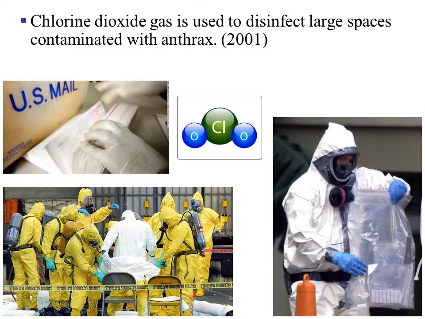Chlorine dioxide gas is used to disinfect large spaces contaminated with anthrax. In 2001, someone mailed anthrax spores through the U.S. Postal Service. This chlorine dioxide gas was used during that time.